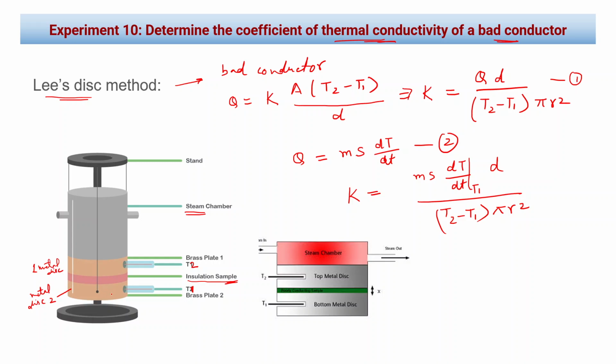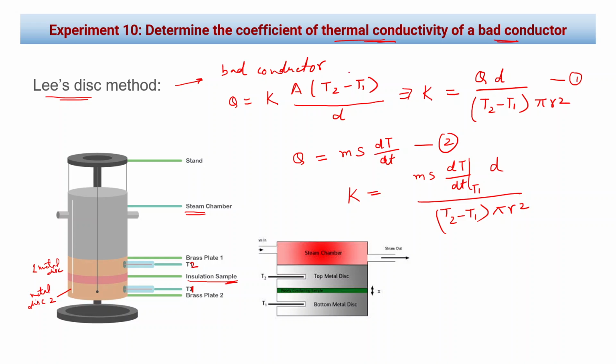So how would the temperature change for the T1 disk? If you check the experiment as given in the video, we were supplying steam to that, and then we removed it and saw in what time its temperature decreased.